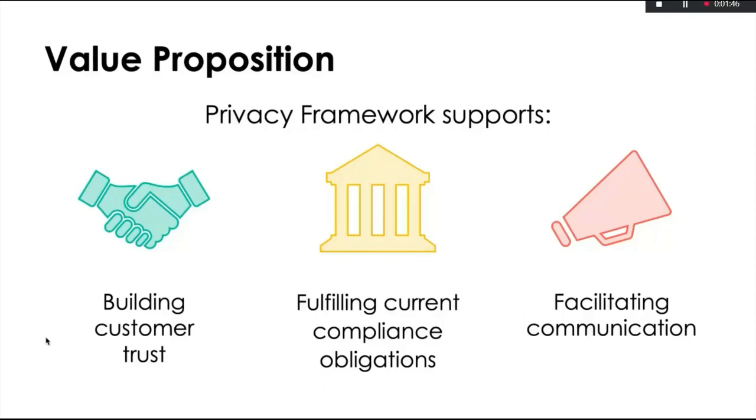Second, the privacy framework can help organizations fulfill their current compliance obligations and future-proof products and services to continue meeting these obligations in a changing technological and policy environment. The privacy framework is law and regulation agnostic. The approach is to help organizations identify key outcomes and activities that map to their compliance obligations.